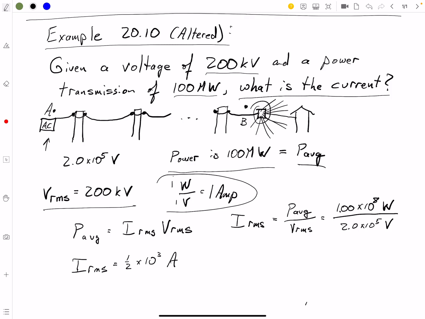Okay, so there's our units. Current is always in amps, and if we use watts and volts, we are in the SI system. So 1/2 times 10 to the third, what is that? That's really 500 amps. Okay, so that's our I RMS.